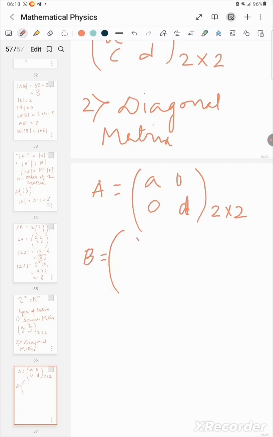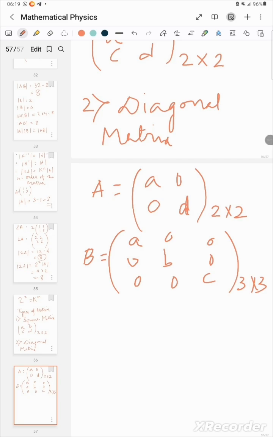A diagonal matrix can also be A, B and C. This will be a diagonal matrix for a 3 cross 3 matrix, because here we have only the diagonal elements and all the rest of the elements turn out to be 0.